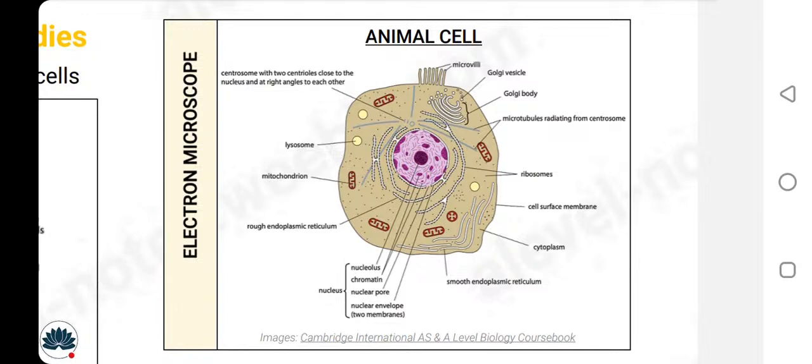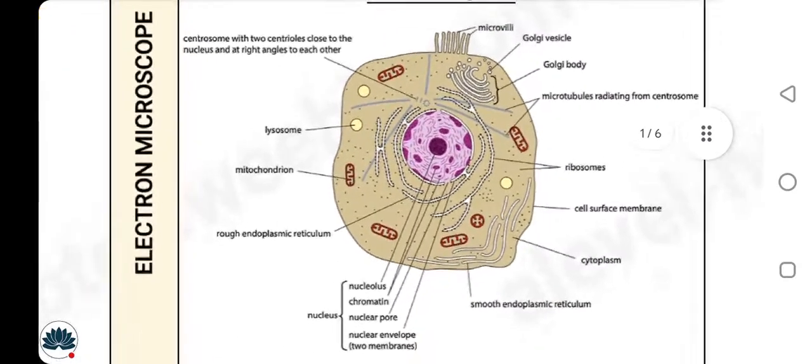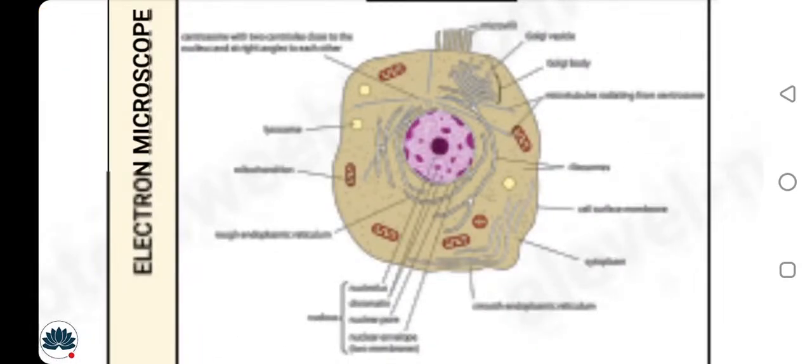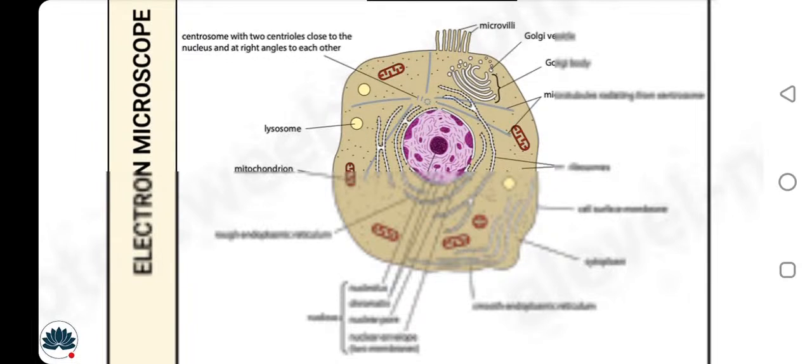So the centrosome's function must be clear to you. What is microvilli? Okay, so the other name of microvilli is flagella, or we can say cilia. All right, as you can see, this is the structure. So microvilli means cilia, and the Golgi vesicles and the Golgi body are visible to you.